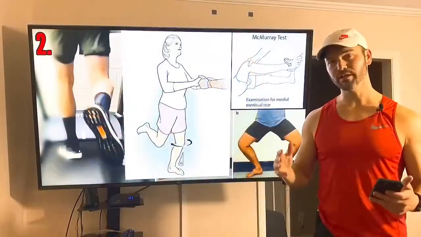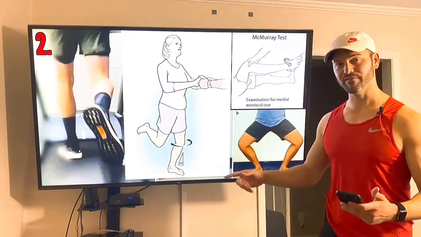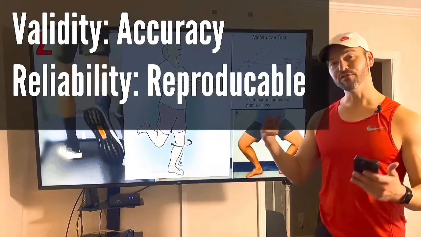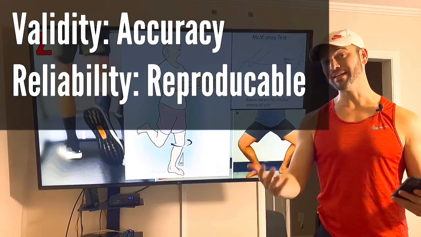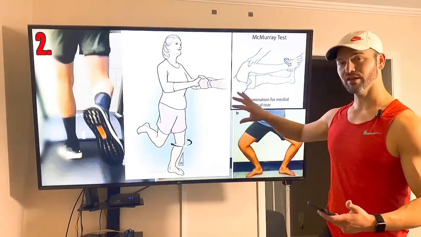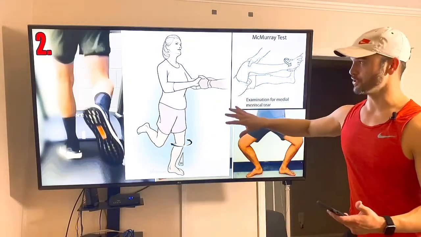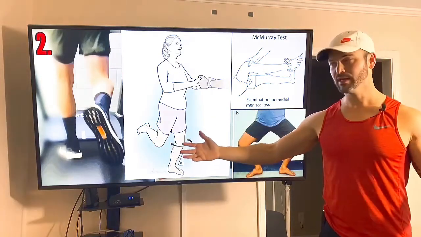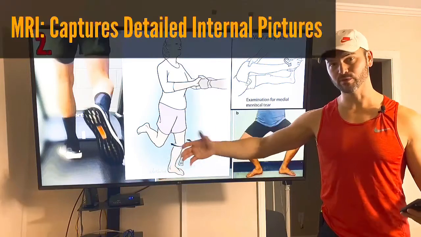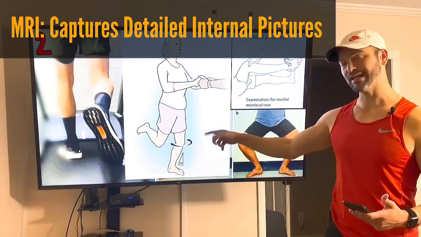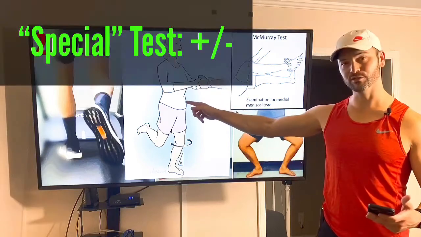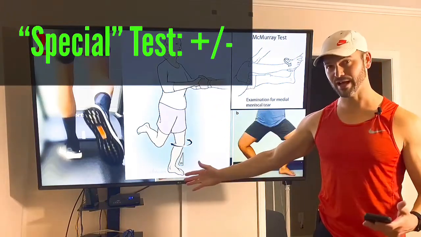So these are 3 special tests that have been researched with some validity and reliability to see if you have medial knee or medial meniscus pathology. There's different levels of accuracy. It's argued in the research, but how they find these out is they take, let's say, 1,000 people, and they have an MRI, which is considered the gold standard for picking up a meniscus tear. And then they have a test that they do on these 1,000 people that have knee pain.